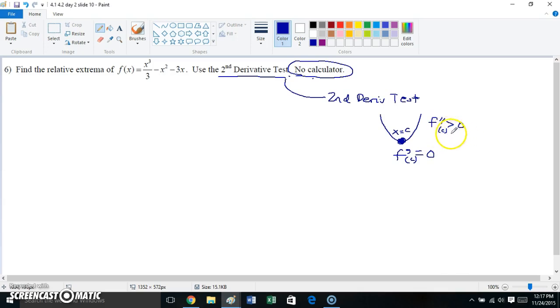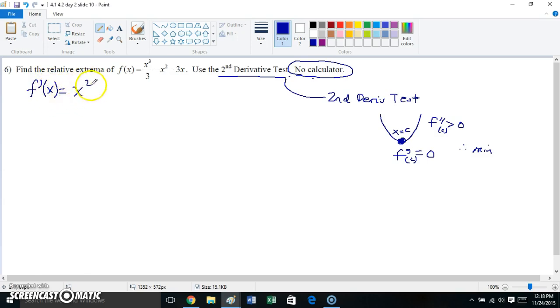Okay, so if the second derivative is positive at x equals c, but the first derivative is 0 at x equals c, then we know there must be a minimum. Likewise, we could do the same for the maximum. So let's take a look. F of x is given. Let's find f prime of x.